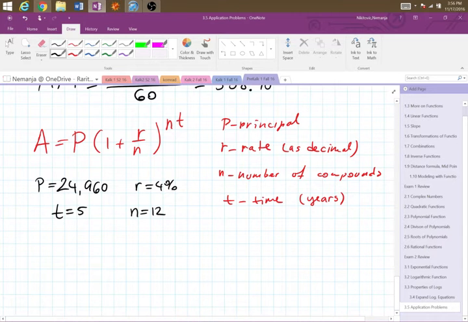So all you need to do is to plug everything in. Amount you owe is the principal, which is 24,960, open parenthesis 1 plus 0.04 divided by 12, raised to the 12 times 5.